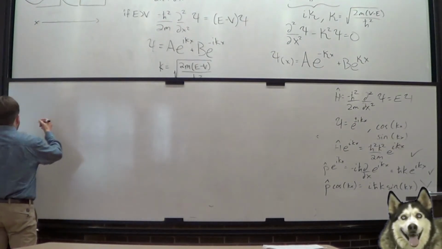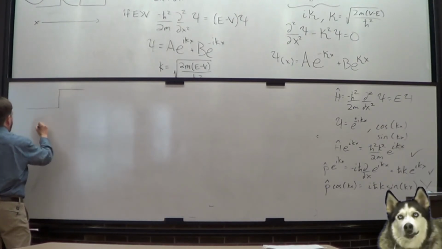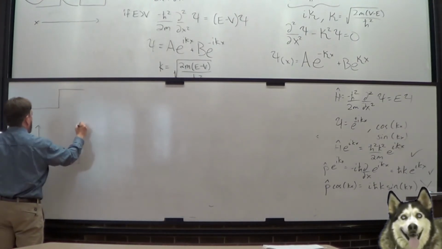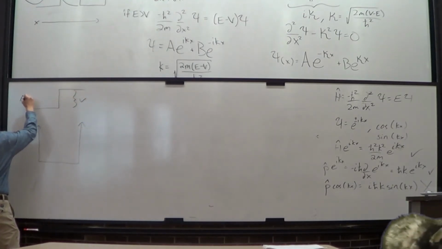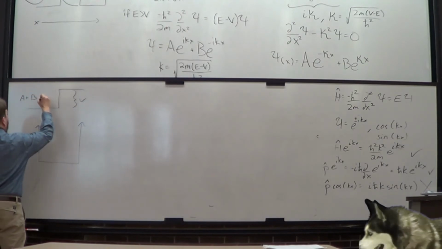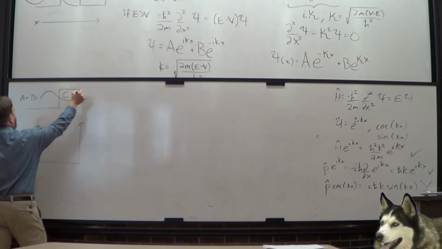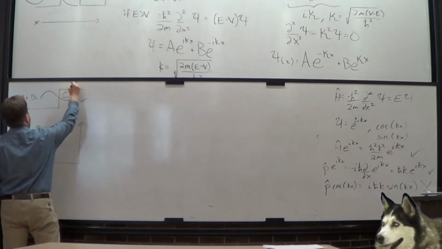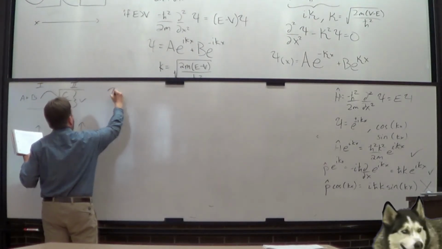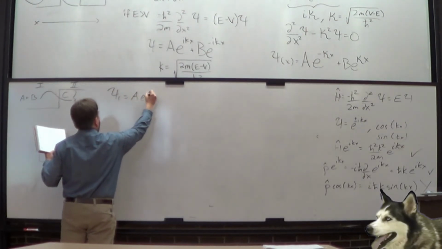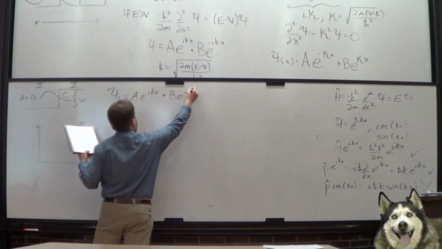Okay, regardless, when it comes to the different problems you run into, and again on your homework you have the step potential, and you've got A plus B wave, turns into a C wave. This is the C wave. So we have region 1 and region 2. In region 1, you got A e to the i kx plus B e to the minus i kx.